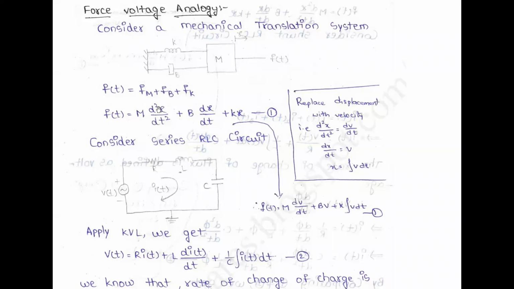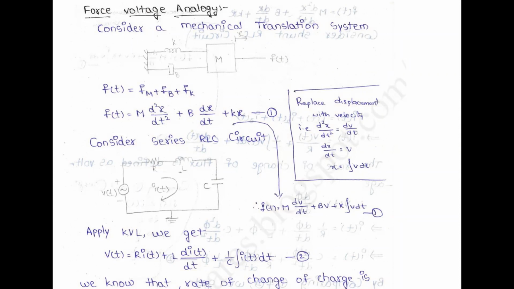And we do the substitution: m into dv by dt, b into v, k into integral v dt. This is the substitution.